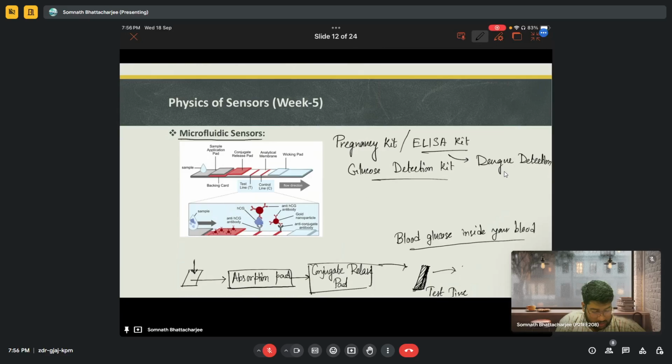The next line is your control line. So what happens in a control line: if there is glucose inside your blood, or if there's HCG, human chorionic gonadotropin hormone, that is the hormone that gives us the sign that it may be a pregnancy.